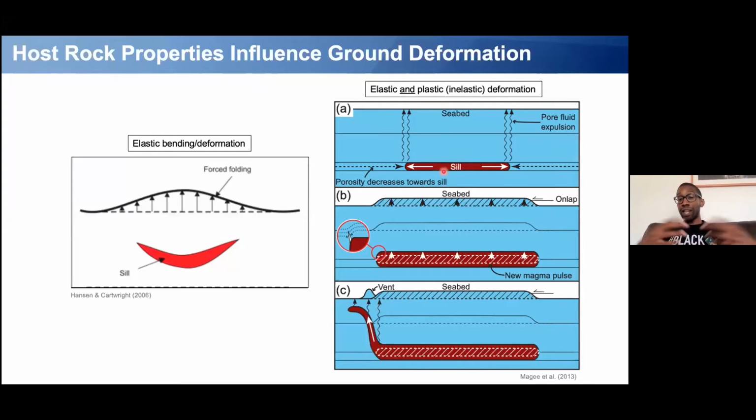And then we develop these things we call inclined limbs, which then feed these vents at the paleo seabed in that case. So it started to make us think about the relative contributions of elastic and plastic or inelastic, non-recoverable strains, non-recoverable deformation within the host rock during sill emplacement.